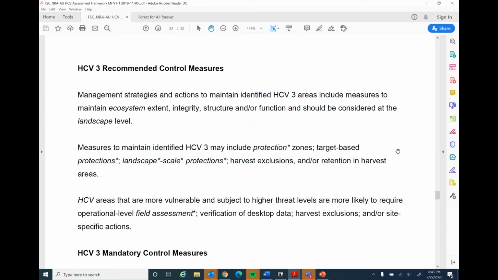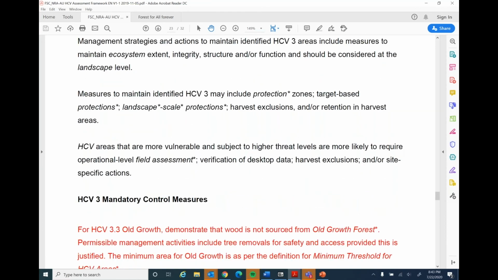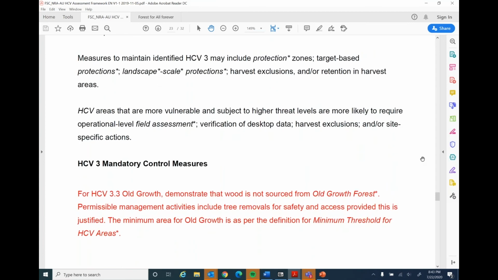Yeah, so mandatory control measures must be put in place at a minimum, and then the recommended control measures are a level on top of that, depending on the type of risk that is being mitigated. So here you can see that the mandatory control measure for old growth is first off that you cannot source old growth as per the definition. You can follow that with the asterisks, but it is permissible under certain management activities, like small scale safety or access.